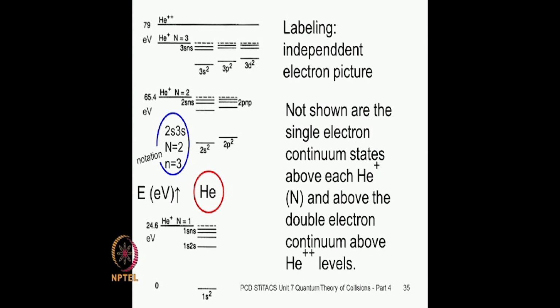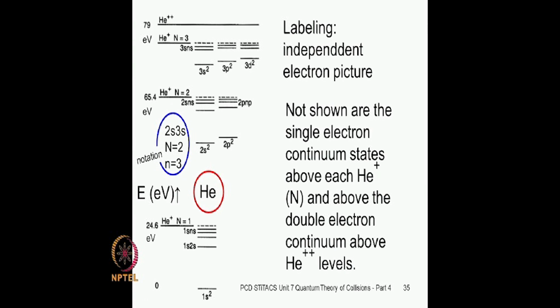We have not shown in this figure the single electron continuum states above each ion limit for the different quantum numbers n, and we have also not shown the double electron continuum.